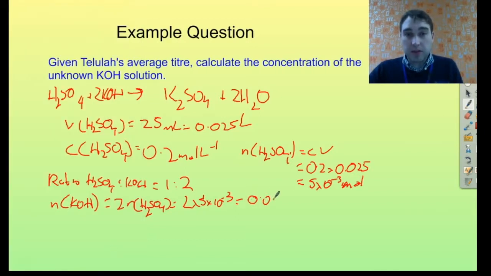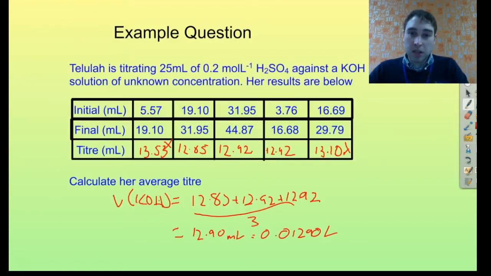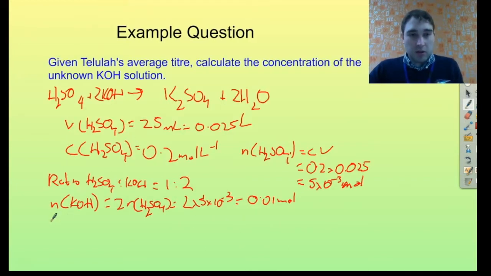So 0.01 moles. So now I've got my number of moles of potassium hydroxide, and I also have my volume of potassium hydroxide, which I calculated back here. So my volume is 0.01290 litres. So now I've got number and volume, so I can figure out concentration.